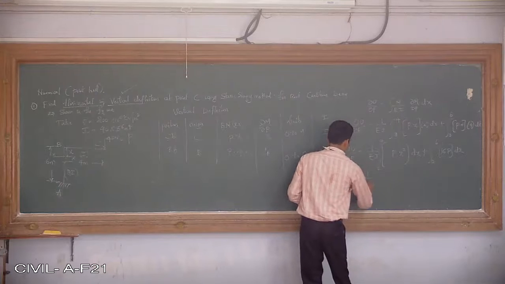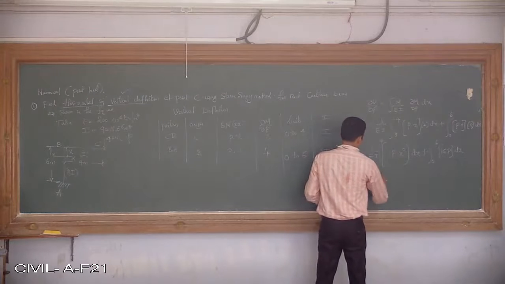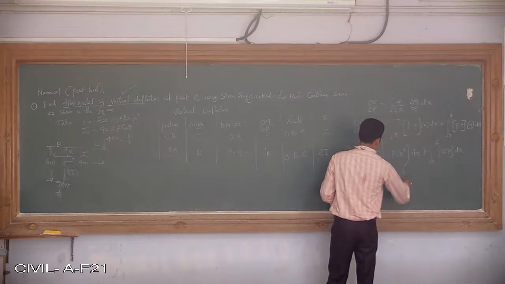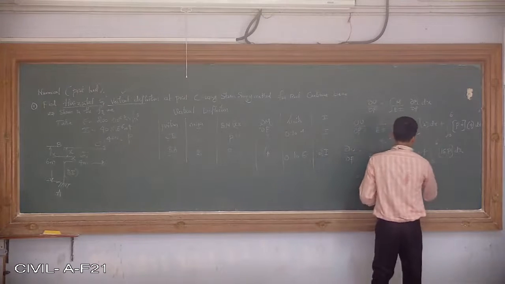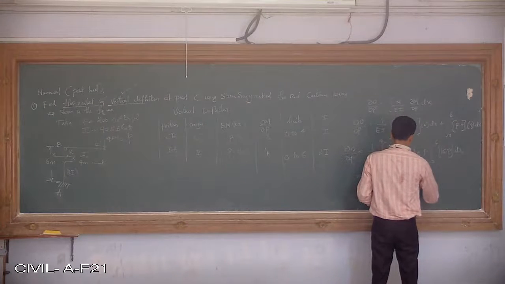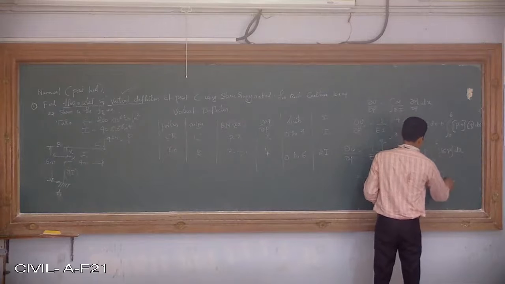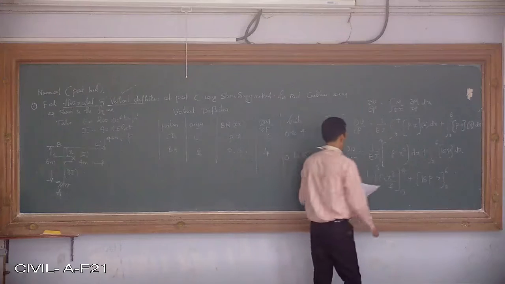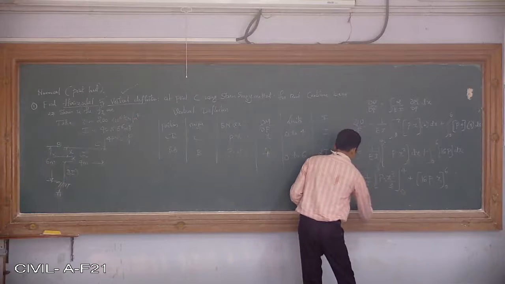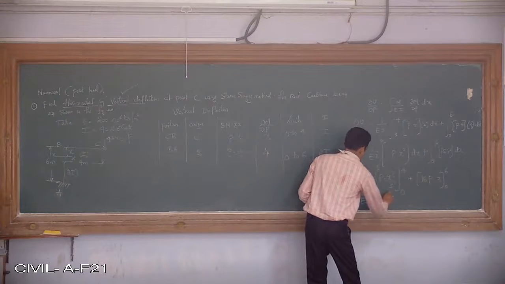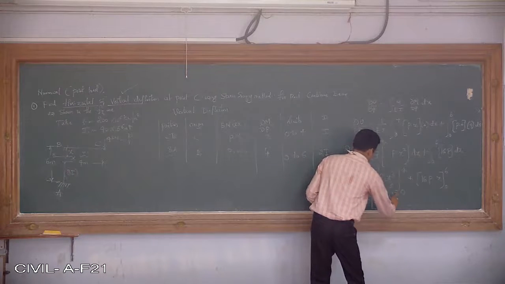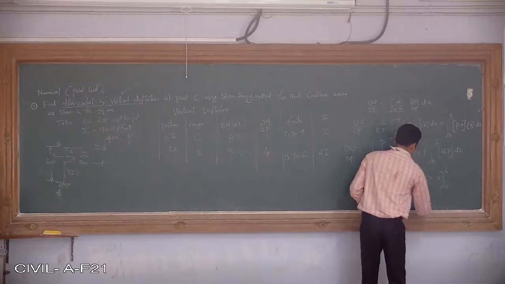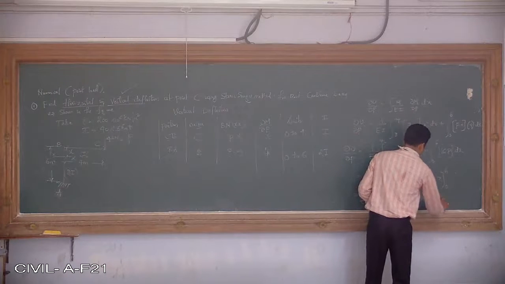Next, 1 by EI, the integration of X square is X cube by 3 from 0 to 4, plus here 16P into X from 0 to 6. So it is 1 by EI, P into 4 cube divided by 3 plus 16 into P into 6.